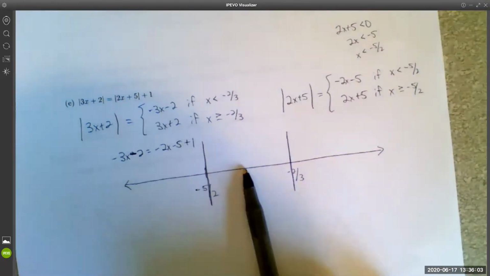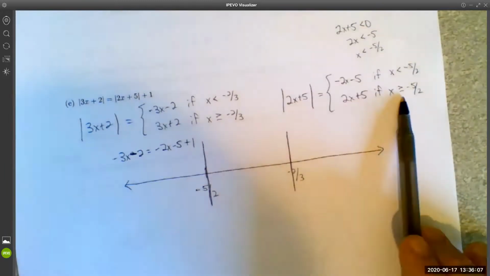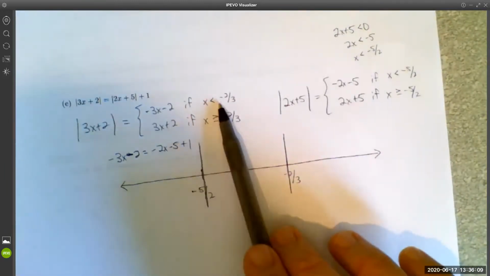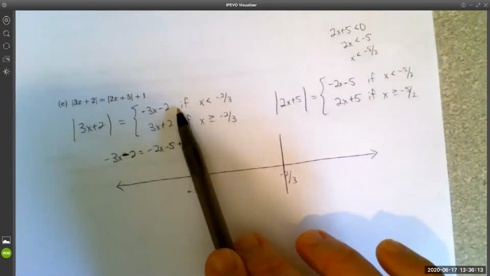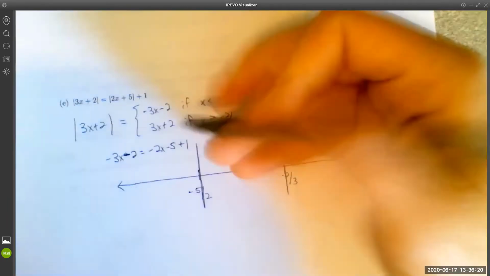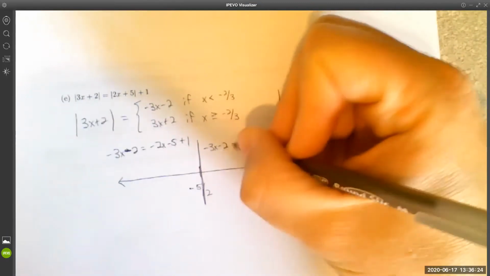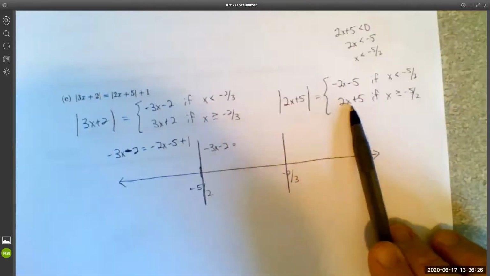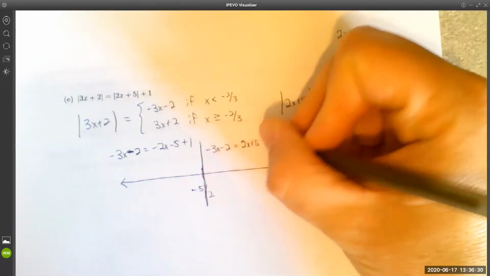In this region, x is bigger than or equal to negative 5 halves, but it's still less than negative 2/3. So I'm going to use the bottom rule here and the top rule there. So that means this equation is going to be negative 3x minus 2 equals 2x plus 5 plus 1.